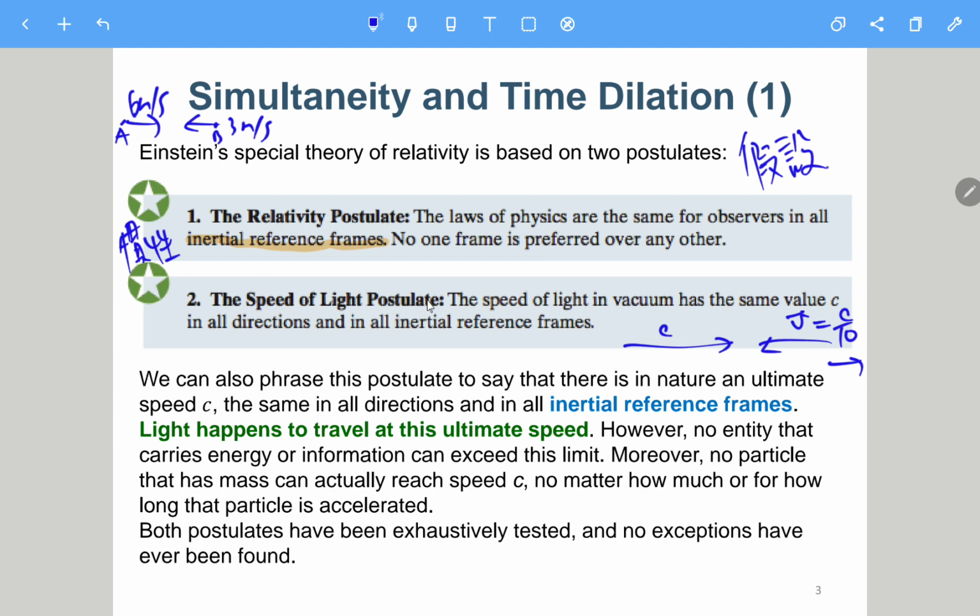You may ask why we make this postulate. Actually, it's based on experiment. At that time, the scientists or physicists believed that in space there was something called the ether to transmit the EM wave, to transmit the light, and they were very eager to find this ether. It should be something like for voice: in the case of sound, we need air or some other material to transmit it.